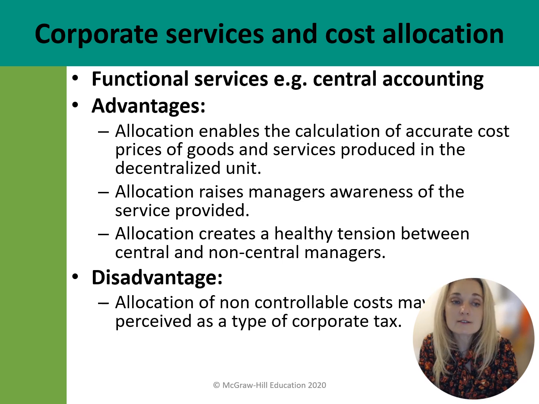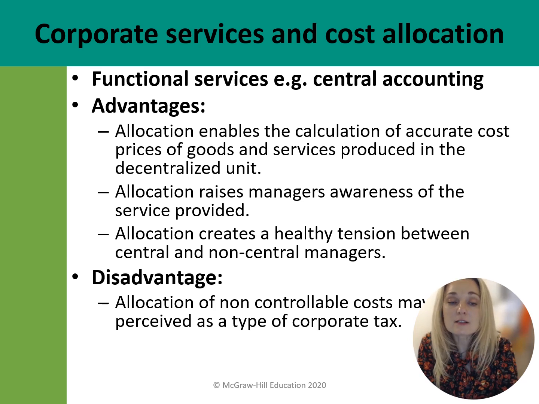The other advantage is that allocation raises managers' awareness of the services being provided and the costs associated with those services, so that they can make appropriate decisions when using them. And allocation creates a healthy tension between central and non-central managers.